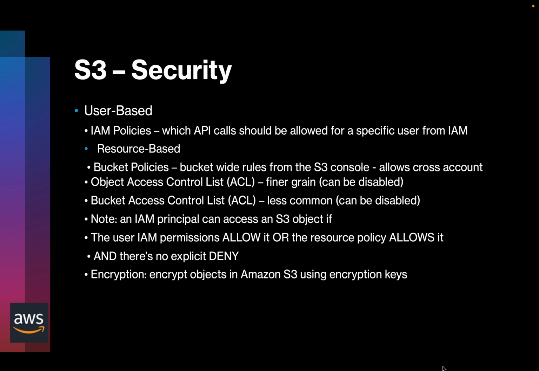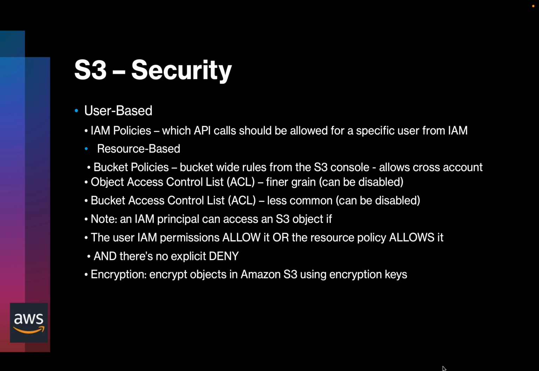The security in Amazon S3 is based on IAM policies, which define which API calls should be allowed for a specific user or IAM role. There are also resource-based bucket policies. Bucket policies have bucket-wide rules from the S3 console, and allow cross-account access. And with ACLs, access control lists, we can configure policies based on the object and on the bucket.